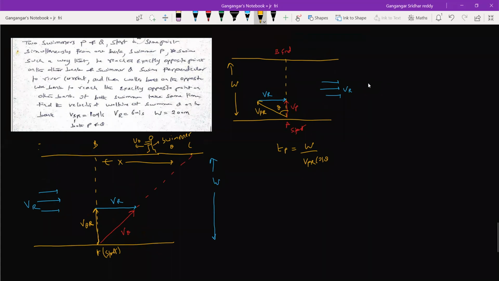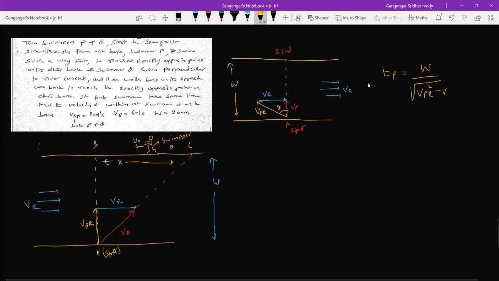Can you directly tell me the formula for this? I don't know theta, no? Anybody, any formula? Swimmer P: W by the square root of VPR square minus VR square. Can you remember this? This is when it is the shortest path, no? So what is this path? Shortest path.